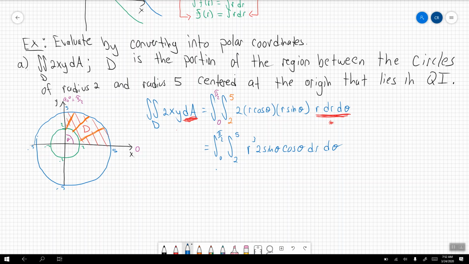Looking at this integral, the integrand looks like a double angle for sine, so I'm going to make that substitution. I think it'll help me out a little bit later. So it's going to be r to the power of 3 times sine of 2 theta dr d theta.